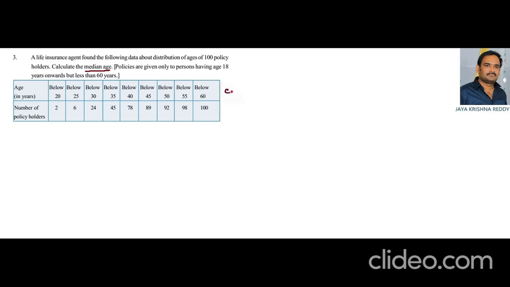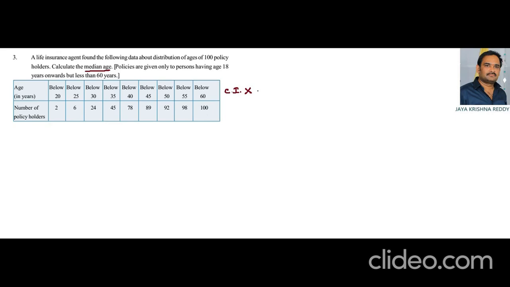The first row should be class intervals, but it is not given properly as class intervals. We have to convert the first row into class intervals, and the second row is given as number of policy holders: 2, 6, 24, like that up to 100.